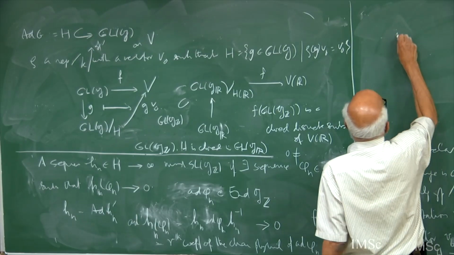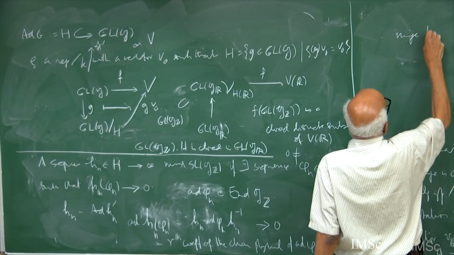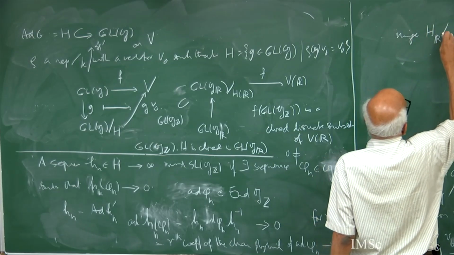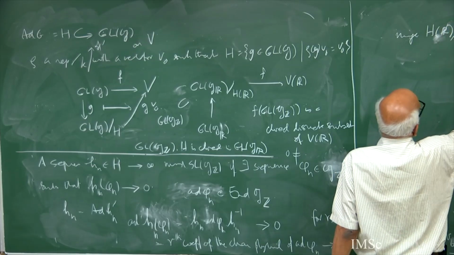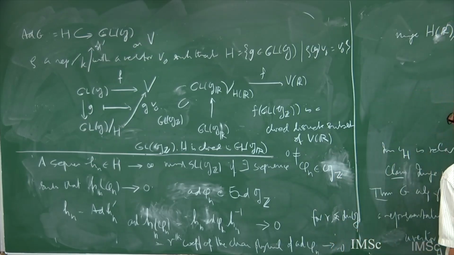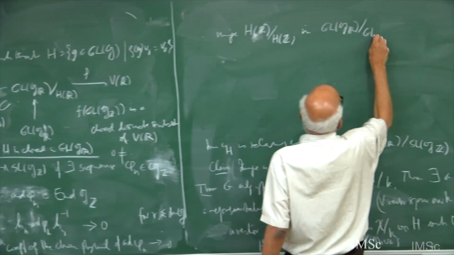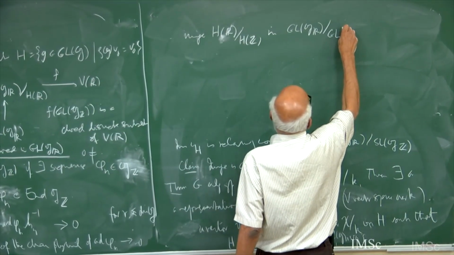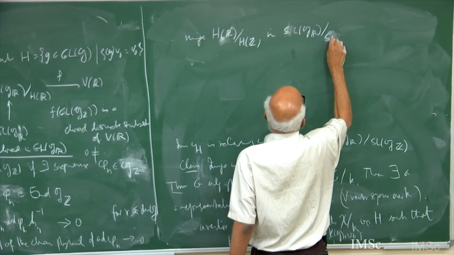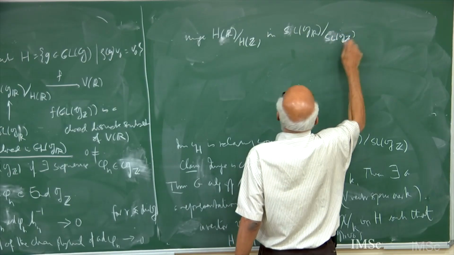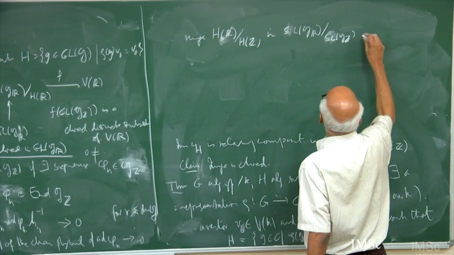So the image of H(R) by H(Z) in GL_n(R) by GL_n(Z), or SL_n(R) by SL_n(Z), in fact it goes into SL_n(R) by SL_n(Z), is compact.